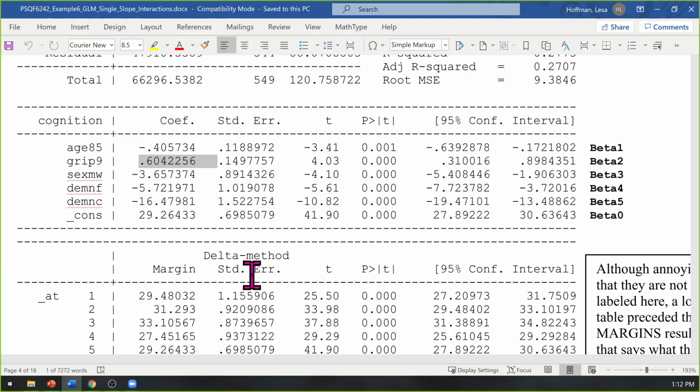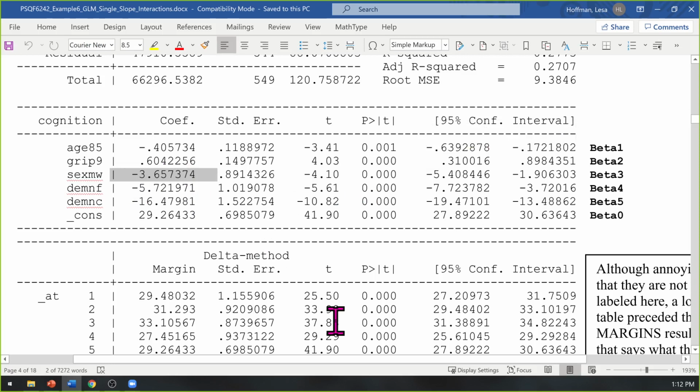There's no causality here. In older adults, there's a saying that it all goes together when it goes. So people who are more physically capable still are more mentally capable still, would be the way I would think about this. For every additional pound you can squeeze, cognition is predicted to go up 0.6. And that one's also significant.